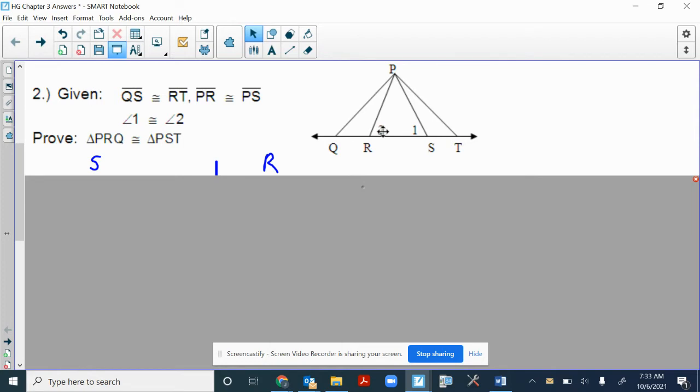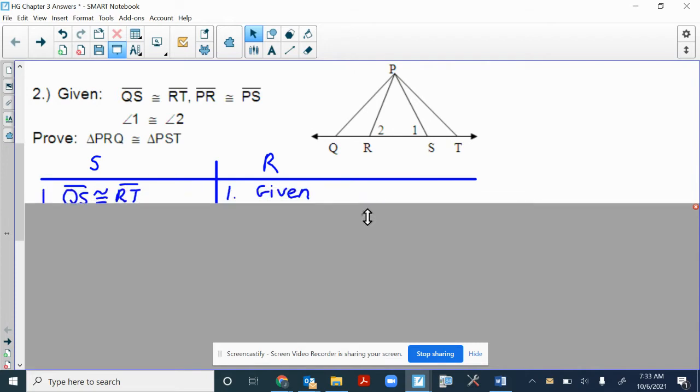We are trying to prove that triangle PRQ is congruent to PST. With that, we're looking at these two outside triangles, and we want to see if they have sides that are the same, angles that are the same, and eventually say that the triangles are the same.